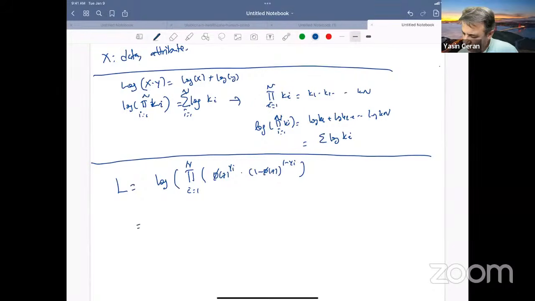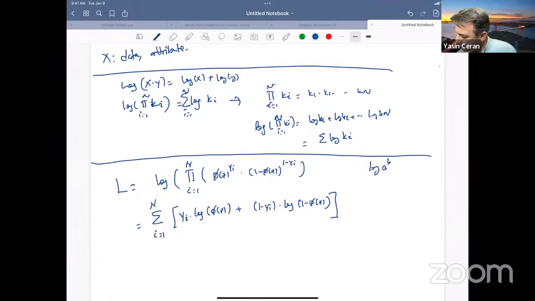So this is going to turn into a summation of yi times the logarithm of phi of z plus 1 minus yi times the logarithm of 1 minus phi of z. Okay. So please keep in mind, the logarithm of a to the power of b is b times the logarithm of a.